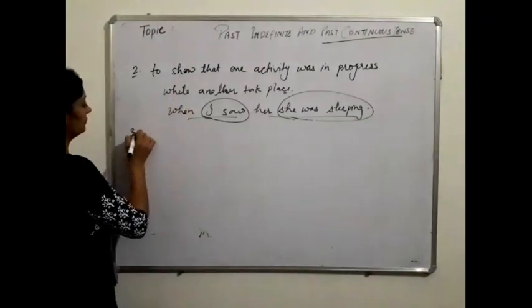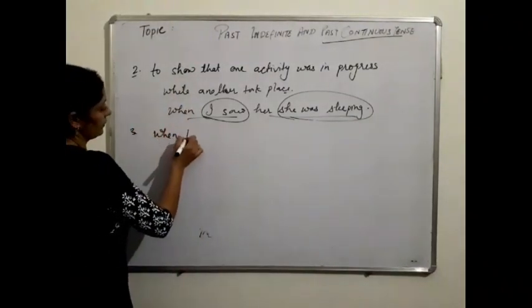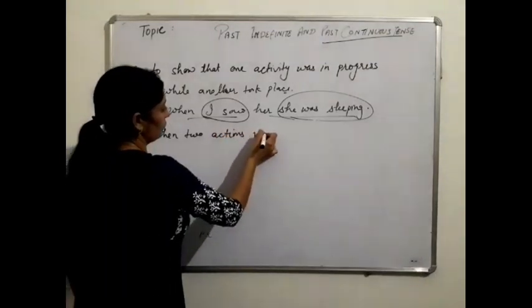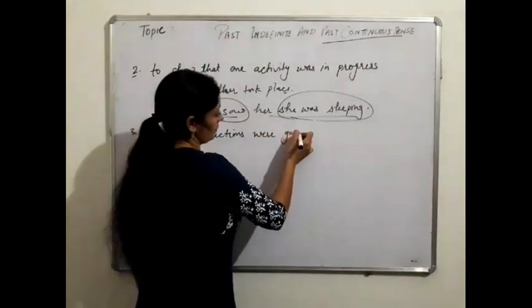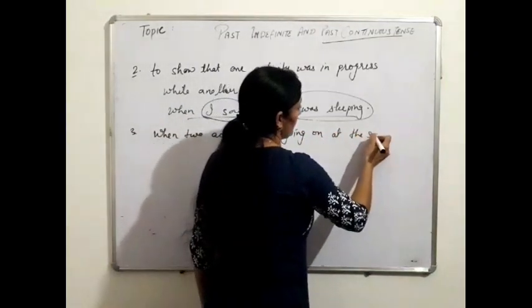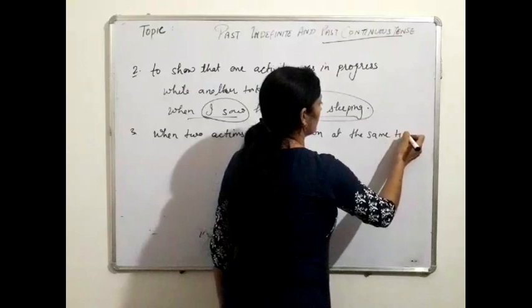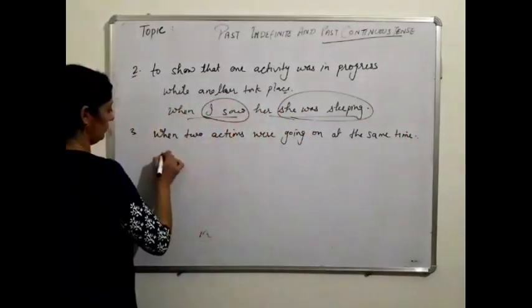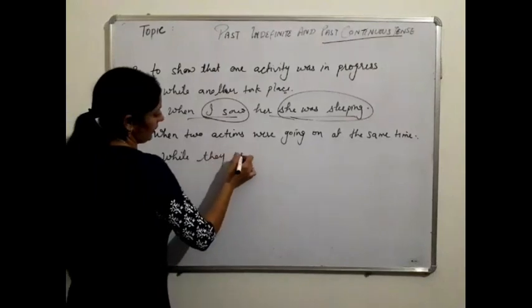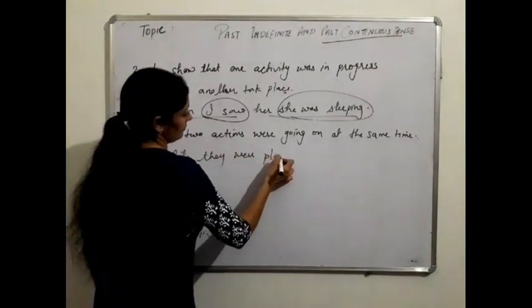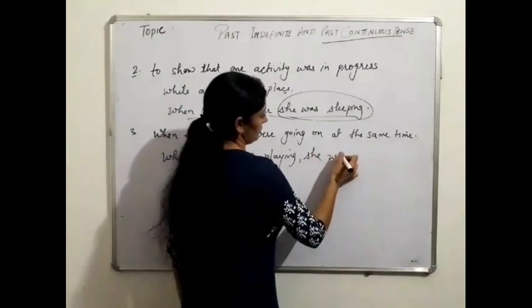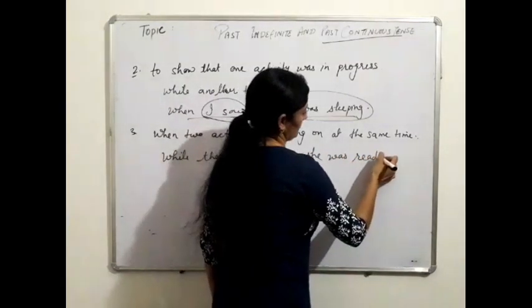Next one is when two actions were going on at the same time. For example, while they were playing, she was reading.